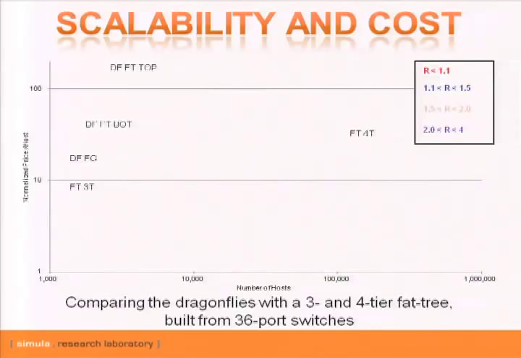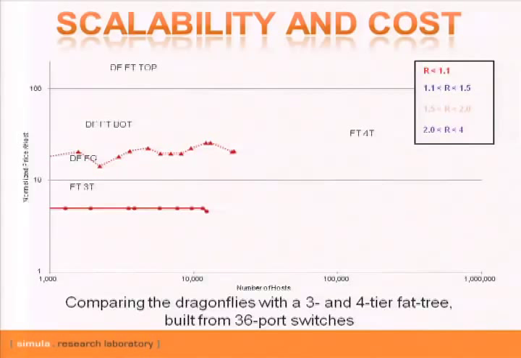Let's then look at the results, and let's start with the non-blocking case, the red interval, and first look at the Dragonfly when using the flattened butterfly as the group topology, and it scales like this. It scales up to around 25,000 terminals. Let's then introduce the 3-level fat tree.